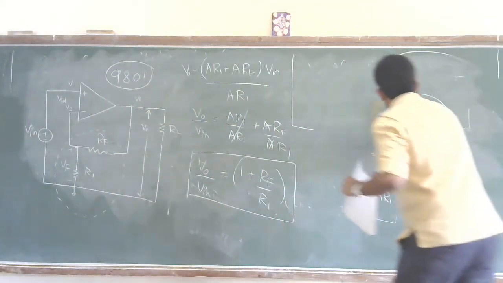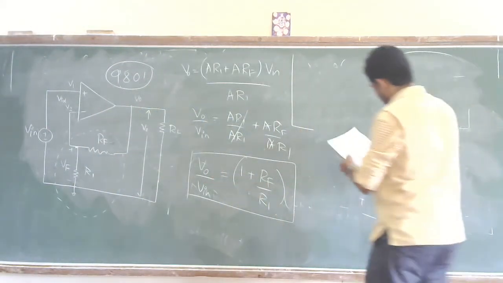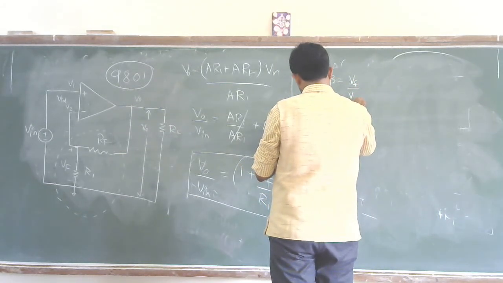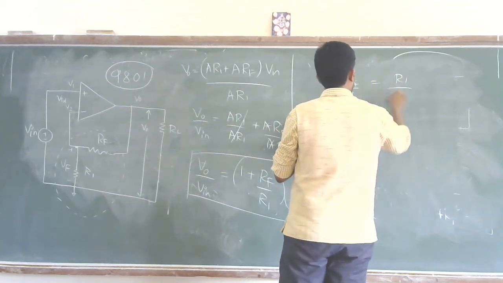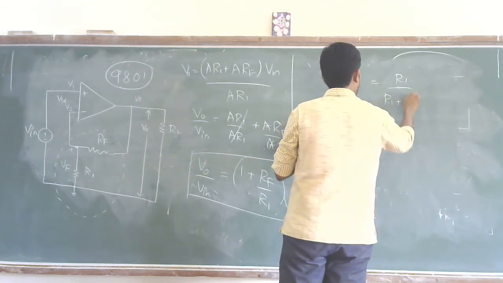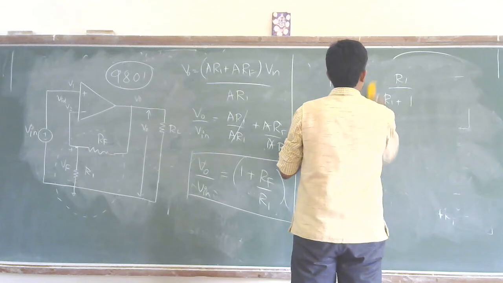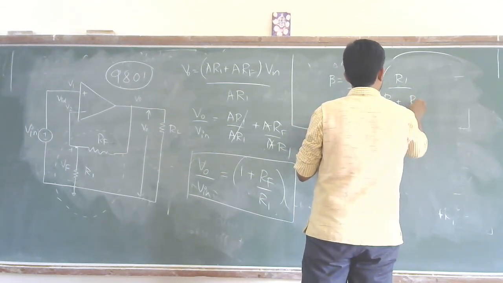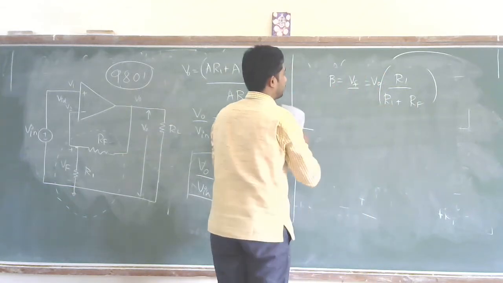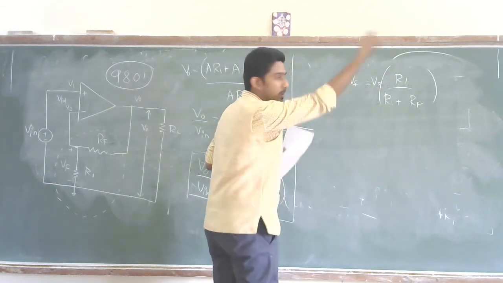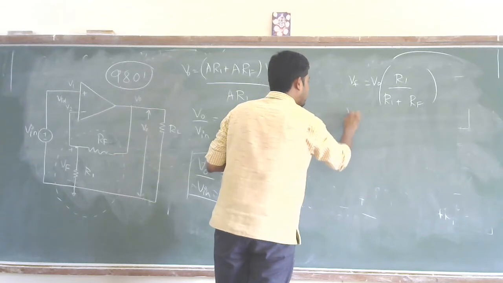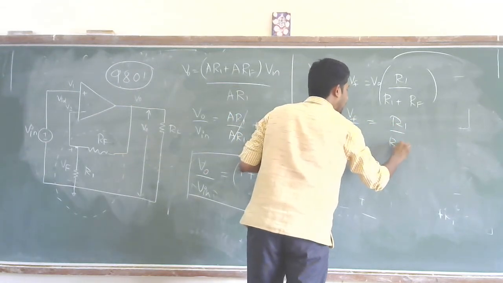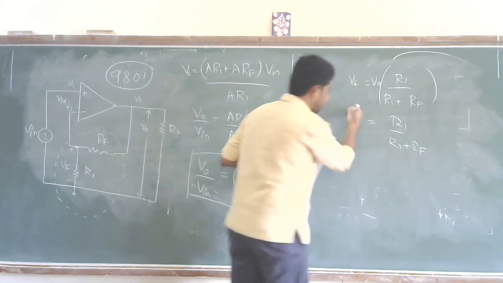I'll just write one more equation. So we have figured out the value of beta of the feedback network. The feedback voltage Vf is equal to V0 multiplied by R1 divided by R1 plus RF. If I bring V0 down over here, R1 divided by R1 plus RF is Vf by V0.